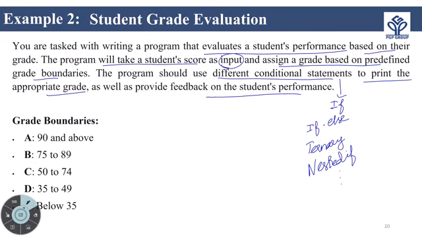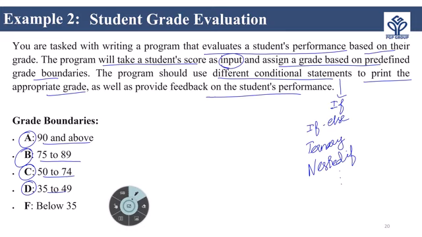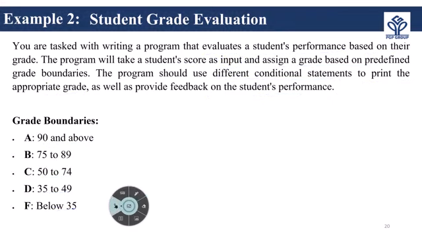So the grade boundaries: A grade is 90 and above, B grade 75 to 89, C grade 50 to 74, D grade 35 to 49, F grade below 35. This is our question. Clear?